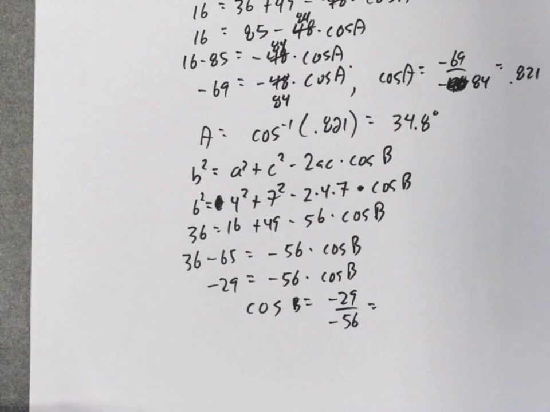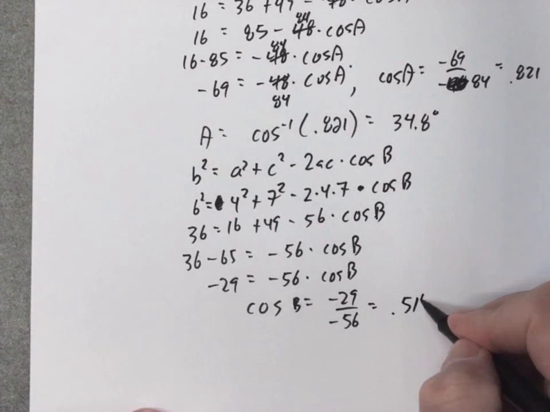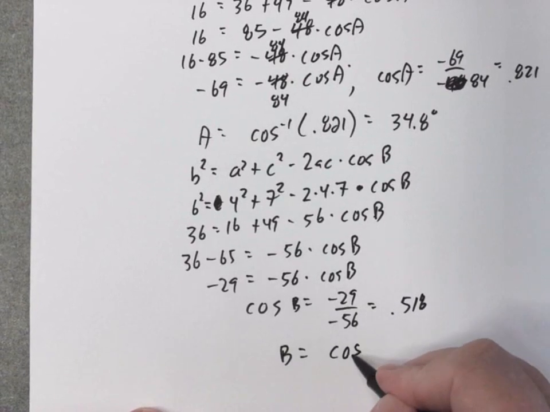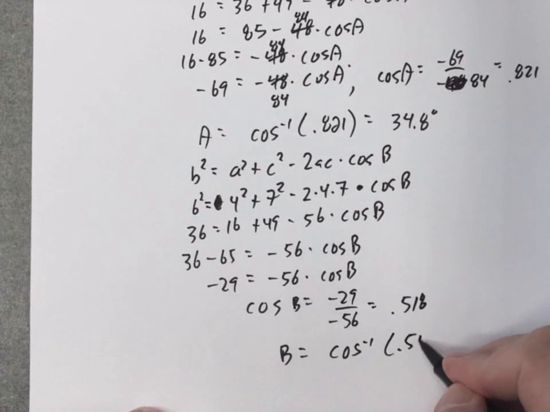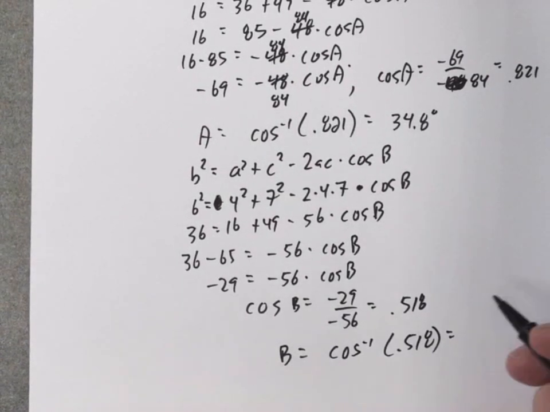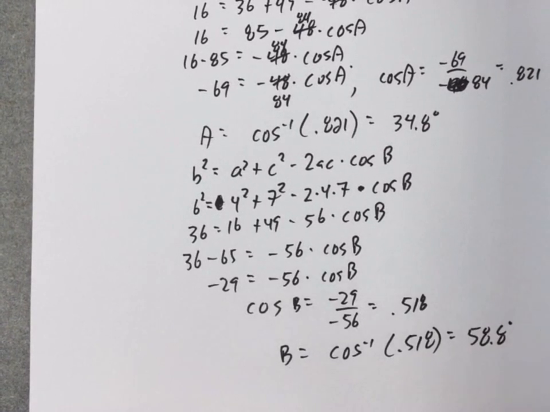Negatives cancel out. 0.518. So B is the inverse cosine of 0.518. 58.8. If I didn't make any mistakes, I believe that's correct.